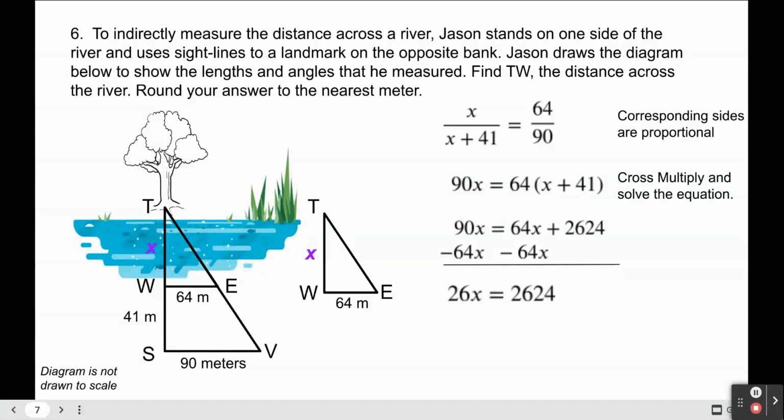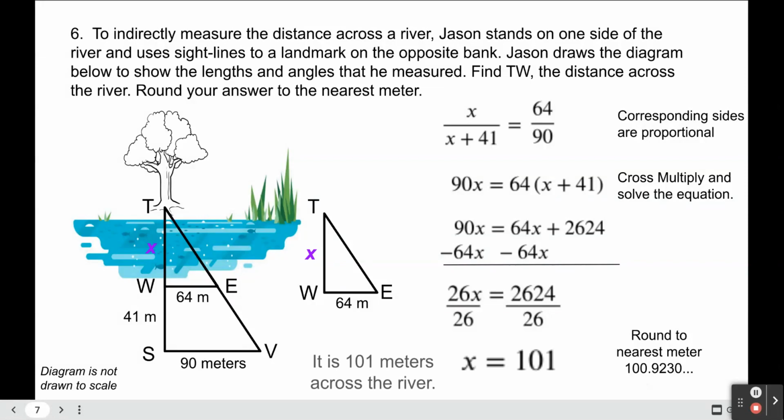Our final step to solve for x, we will divide by 26 to find, if we rounded to the nearest meter, that would be the nearest whole number, because there is a 9 here in this first decimal place that makes it round up to 101. So it's approximately 101 meters across the river.